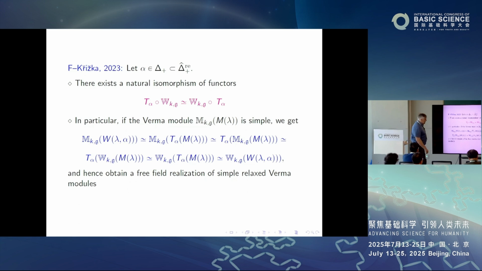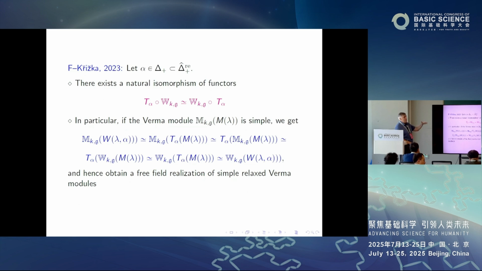And these W functors behave very nicely with respect to the T alpha functor. If alpha is a finite positive root, not an arbitrary real root, but finite, then these functors commute. It means that, imagine that we are in a relaxed highest weight module.